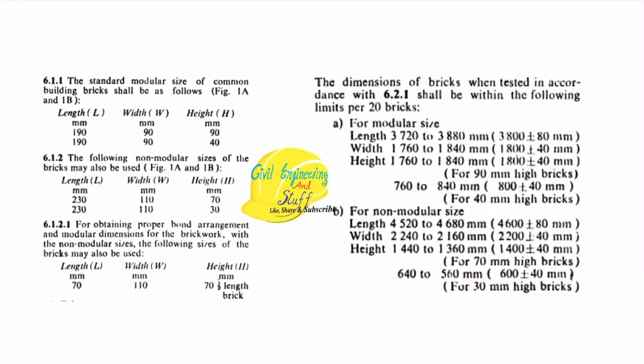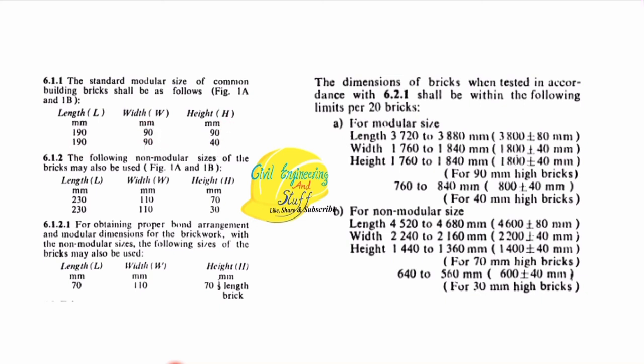Now we have already discussed the dimensions of modular brick and non-modular brick, right? The dimension of a modular brick is 190 into 90 into 90 mm, or 190 into 90 into 40 mm.